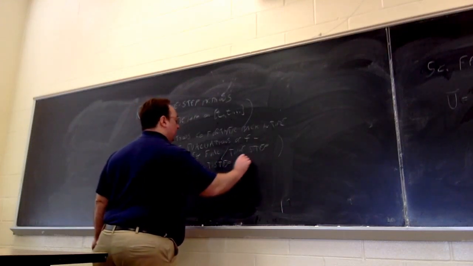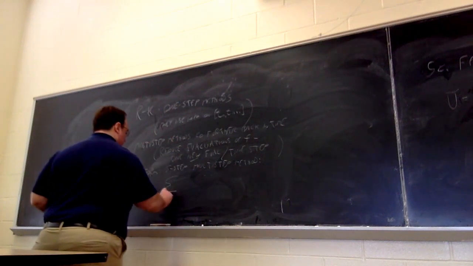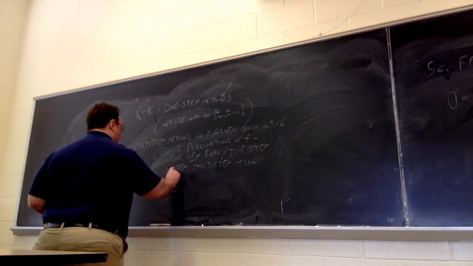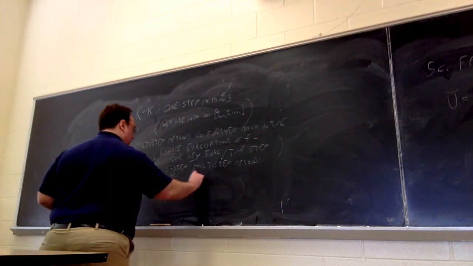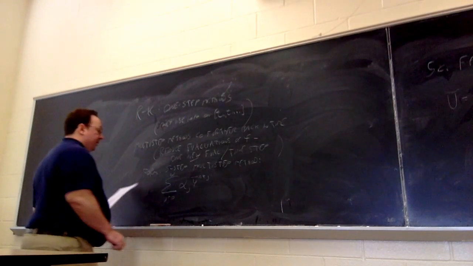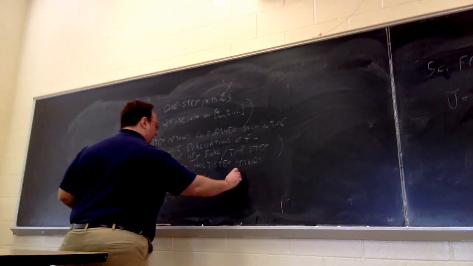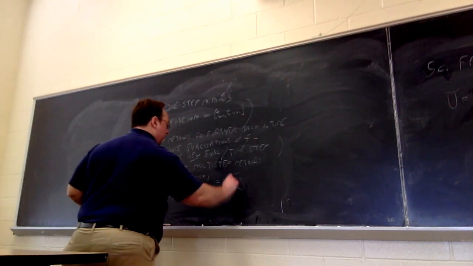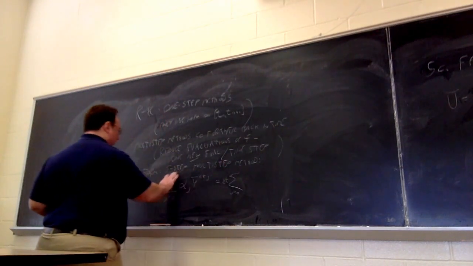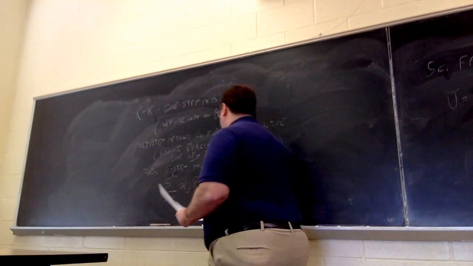multi-step method is, on the left side, you have a linear combination of y values at various times. And on the right side, you have a sum of, not 0 to infinity, 0 to s. That would be a weird, infinite step method.